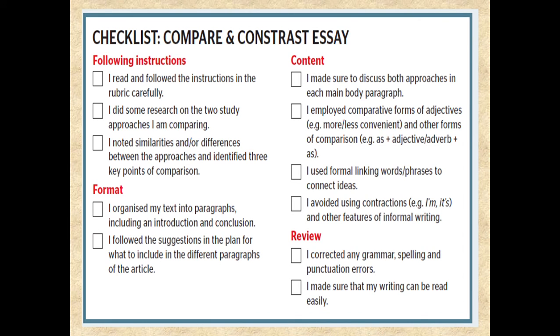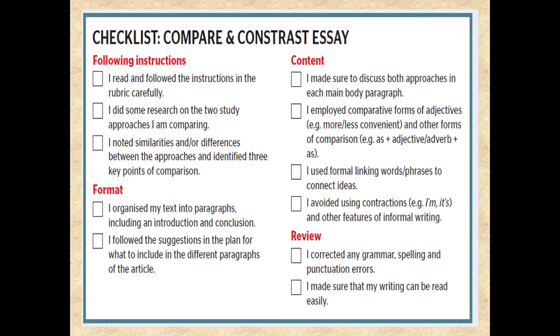For the formatting, I organized my text into paragraphs, including an introduction and conclusion. I followed the suggestions in the plan for what to include in different paragraphs of the article. Then about the content, I made sure to discuss both approaches in each main body paragraph. I used comparative forms and adjectives like more, less, and other forms of comparison, for example, as, adjective or adverb, as.